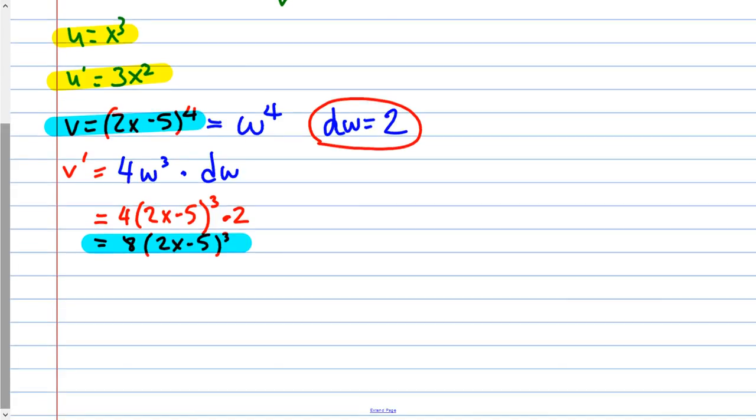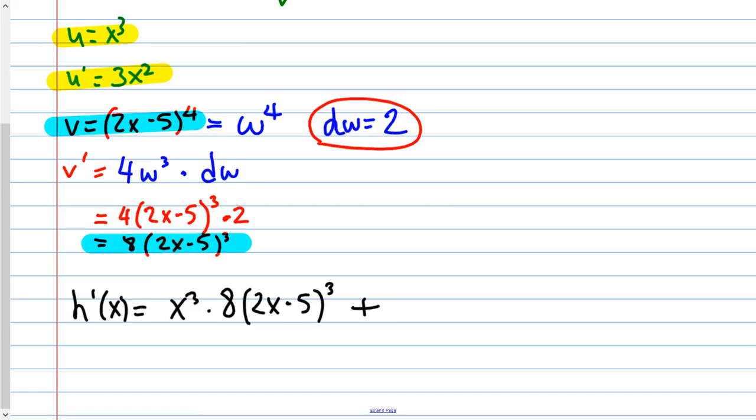So h prime of x equals, so u, that's x cubed, times v prime. So that's 8 times 2x minus 5 cubed plus v. V is 2x minus 5 to the fourth times u prime, which is 3x squared.